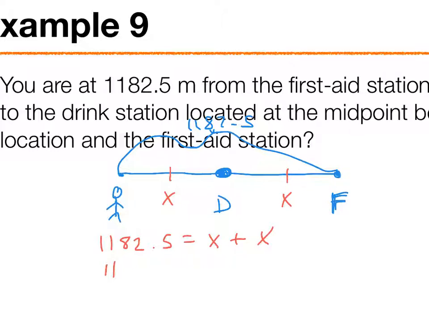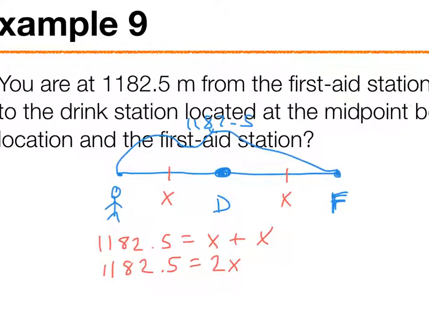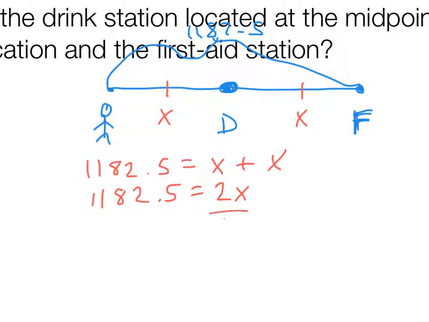So this would be 1,182.5 is equal to 2x. Divide by 2, divide by 2, and this would be 591.25 is equal to x.